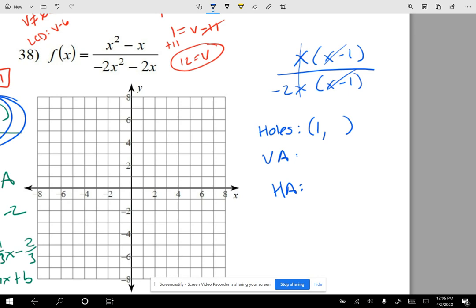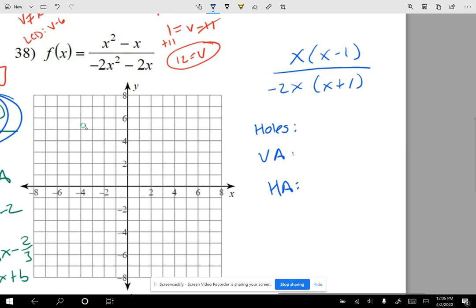Oh no, never mind. Here, I don't cancel this. Let me start this again. When I factor the negative 2x, I got here x plus 1. Okay, my bad. So on the top, I have x and x minus 1. Here, I factor the negative 2x, so I get x plus 1. So the only hole that I get is this one.